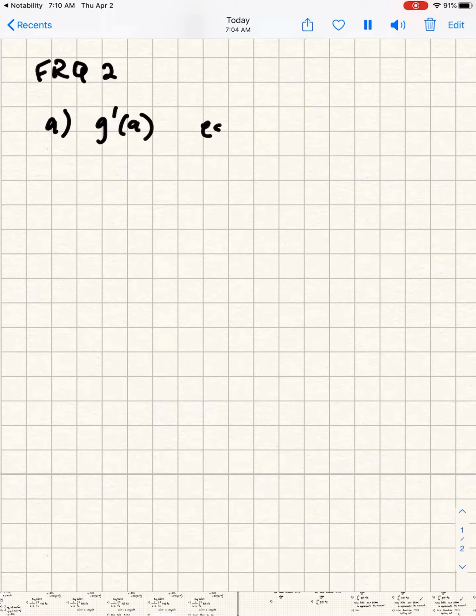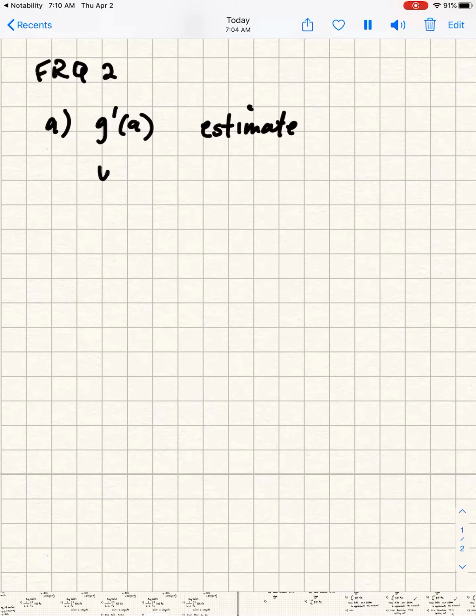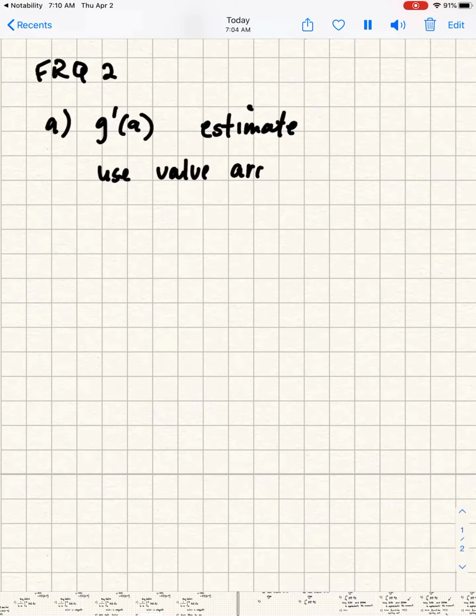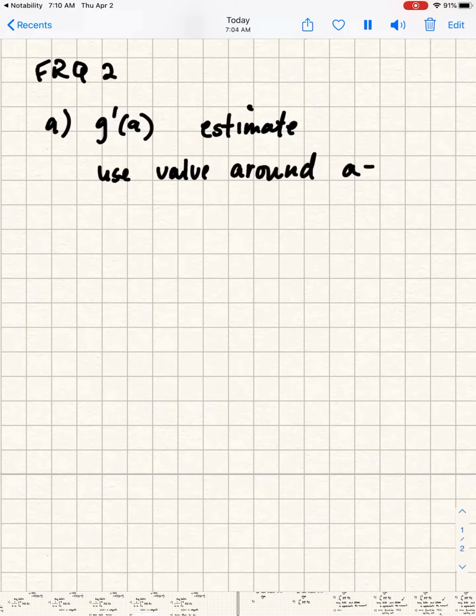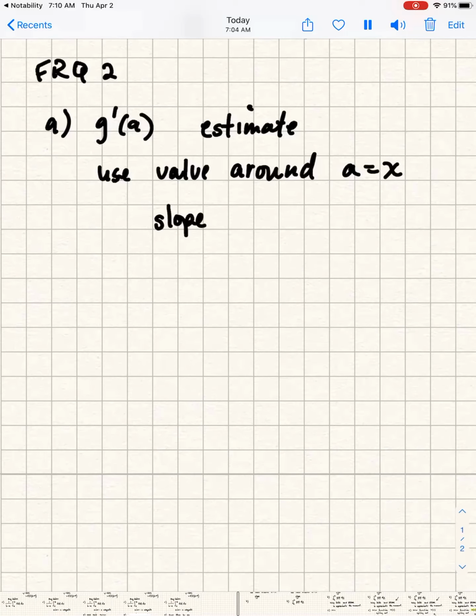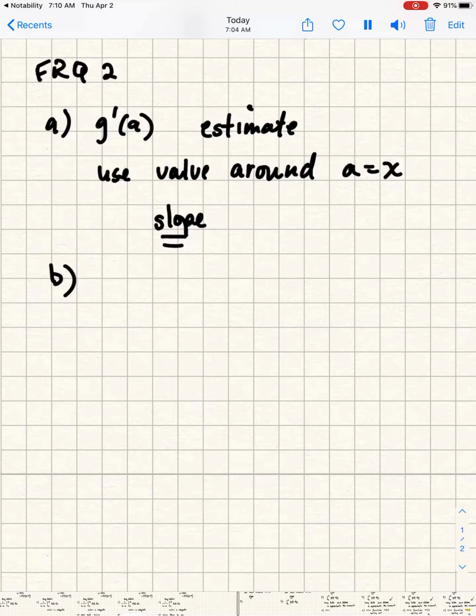So you're doing like g prime of some value a. Now this is just going to be an estimate. So use values around the value they're looking for, x equals a, right? And you're looking for the slope. So that's the hint I'll give you there.